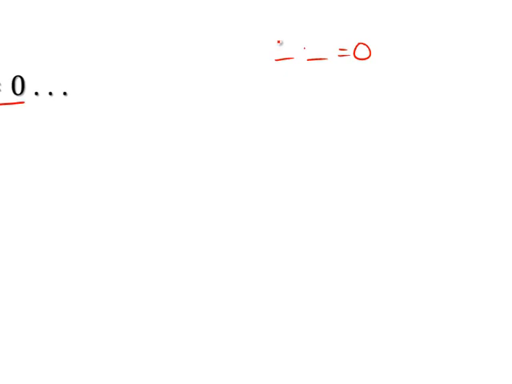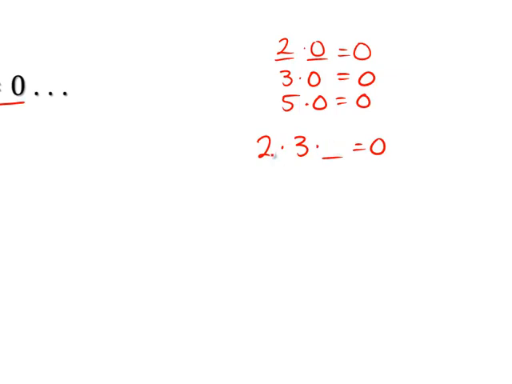Well, what's an example? 2 times 0 equals 0, 3 times 0 equals 0, 5 times 0 equals 0, and so on. 0 could be in any position and it would give you 0. Even if you had three numbers multiplied together, 2 times 3 times blank would give you 0. The only way to multiply three numbers and get 0 is to have at least one of them be 0.